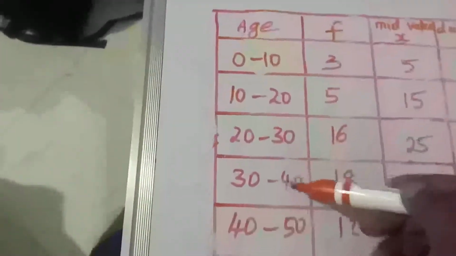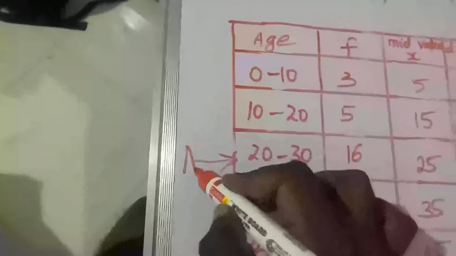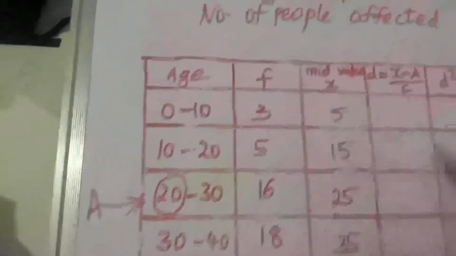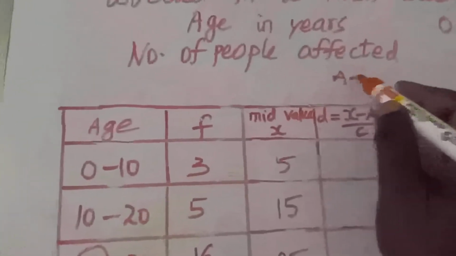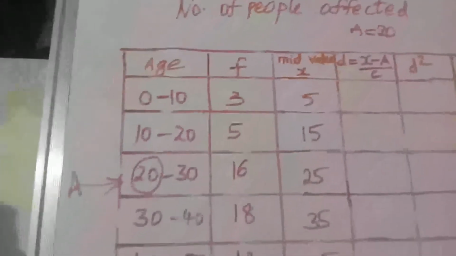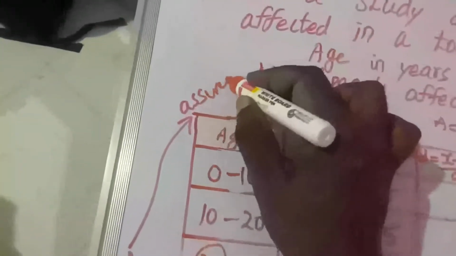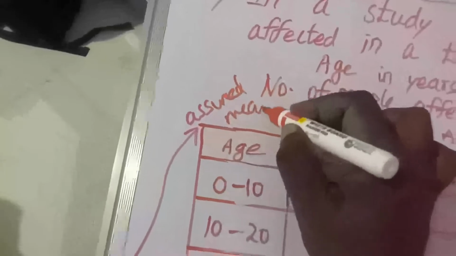Totally here there are 1, 2, 3, 4, 5, 6 and 7, so a set of 7 values. Either I can take the third value or the fourth value. Here I am going to take the third value, that means this 20 I will consider as a value. So a is equal to 20. a is nothing but the assumed mean.